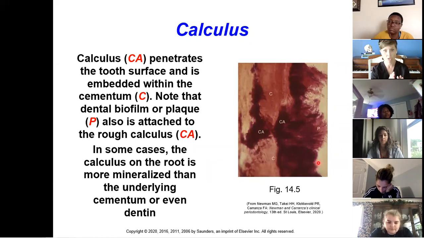So it builds, right? The way that tartar, or calculus, is developed is it bonds to a rough surface, okay? When it bonds to that surface, your saliva and things wash across it, and it hardens due to the minerals in our saliva. So then it's microscopic and rough. Then more toxins come in, and you're ulcerating your gingiva, and all these problems are occurring.